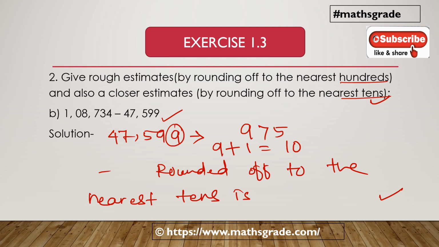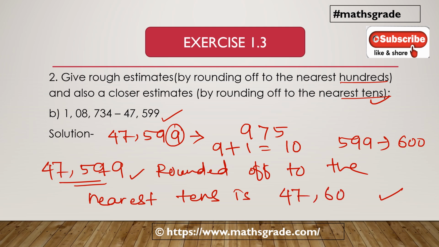Now 599 will be 600, and the unit place digit 9 changes to 0.